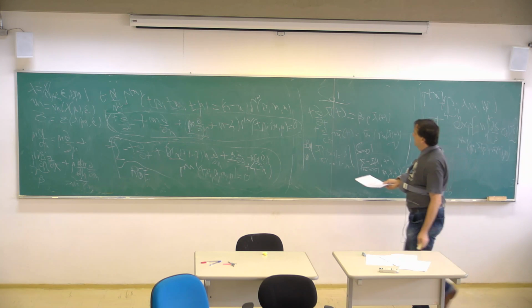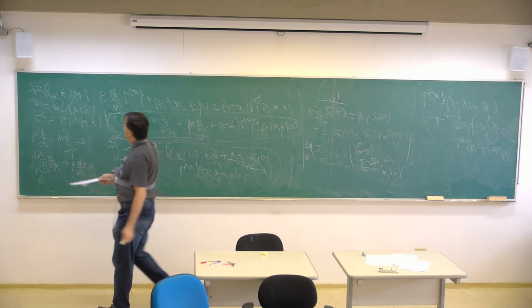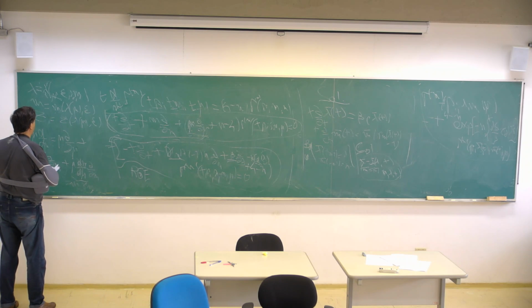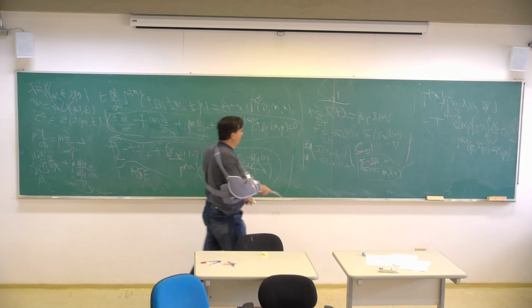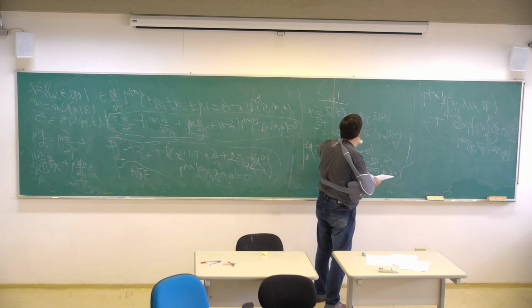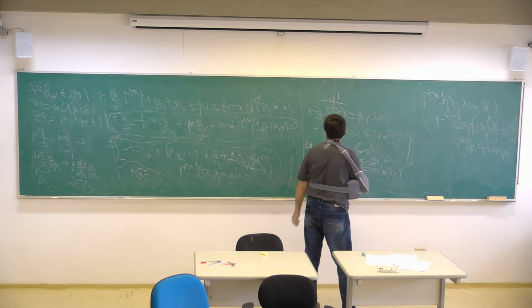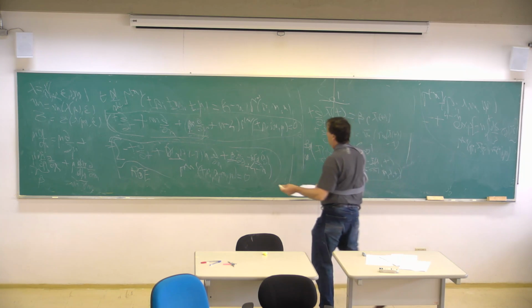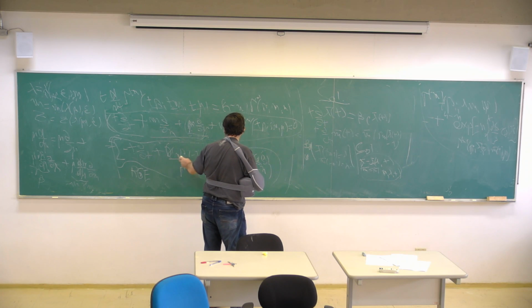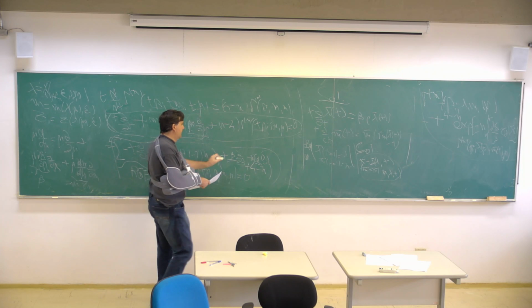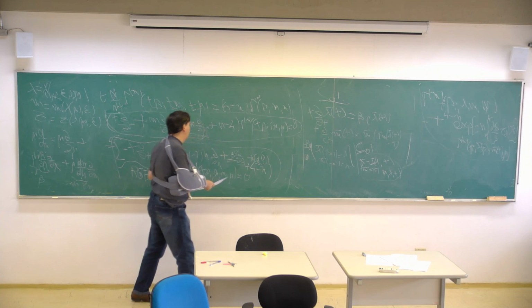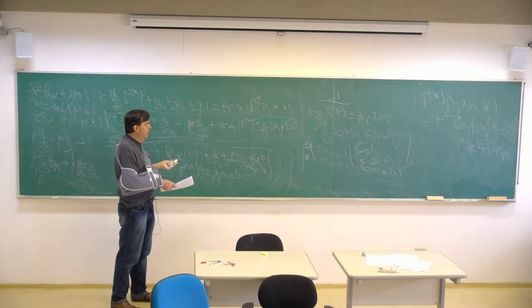Because these objects that we define here, the beta function, the anomalous mass dimension, and the anomalous field dimension, are calculated only order by order in perturbation theory.